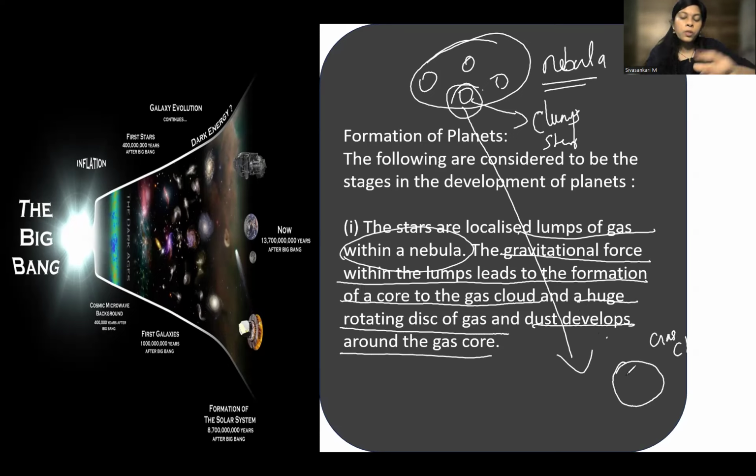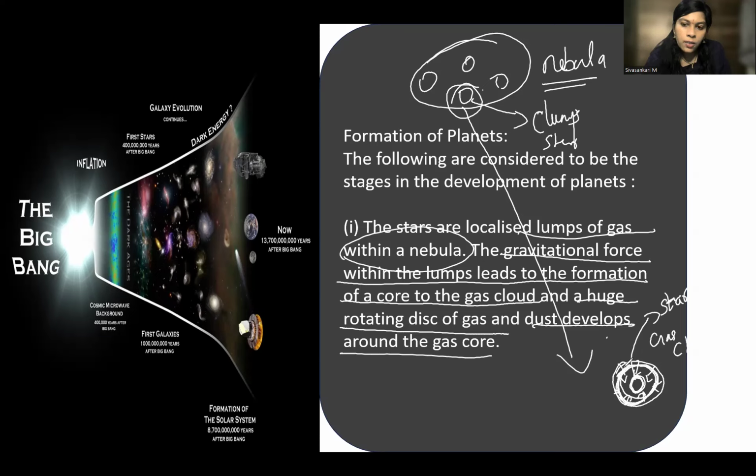The gravitational force will be higher inside, so it starts to pull within. The gases start to pull together inside. When it starts pulling, the core becomes denser and denser, and it is very dense. This core is nothing but the star, and around this core there will be dust floating.